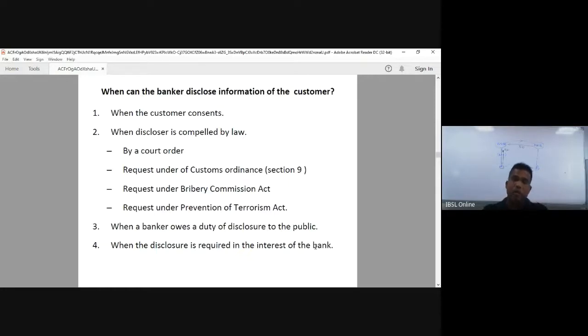So we say a situation like this. We take an example like this. Say there's a finance company. That finance company has taken deposits from the customers.